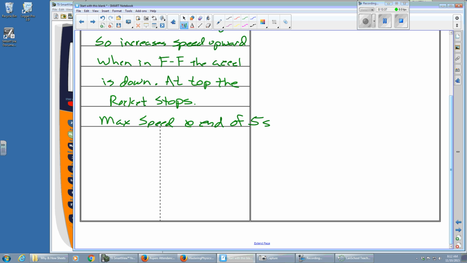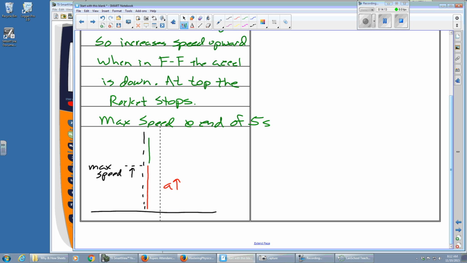And what I'm going to draw here, I'm going to draw the path of this rocket like this, and I'm going to color code it for myself. During the red, it's accelerating upwards. And then as we said right here, that's where the max speed is. And that's up.